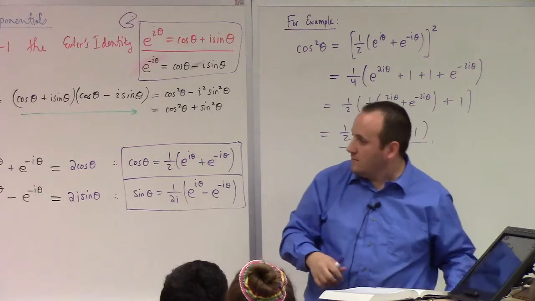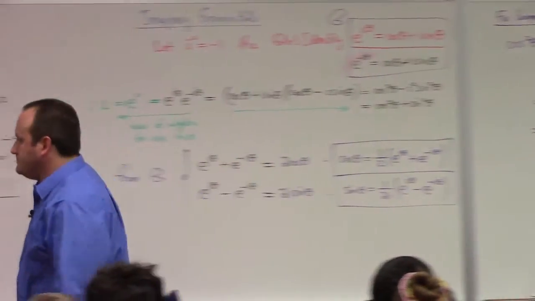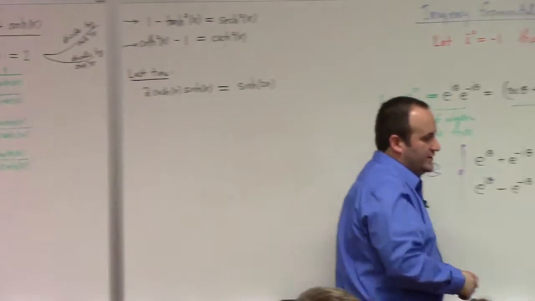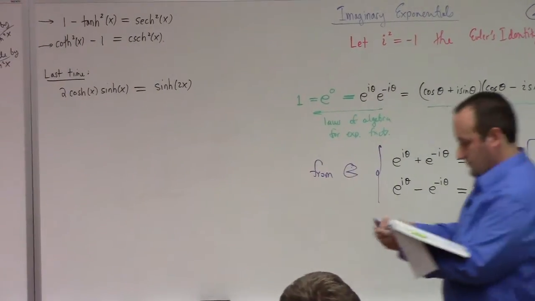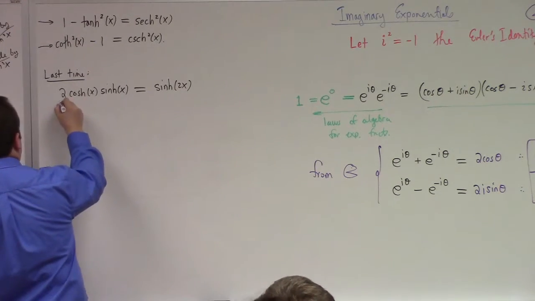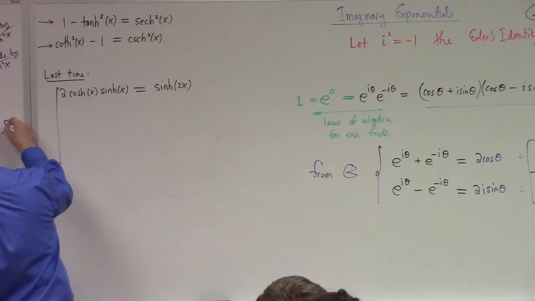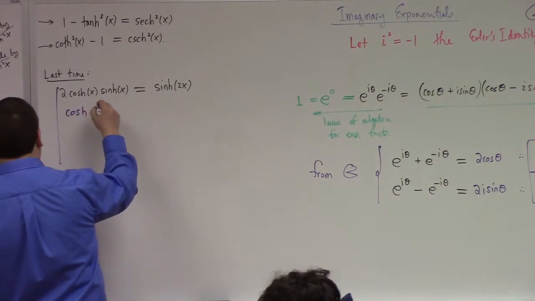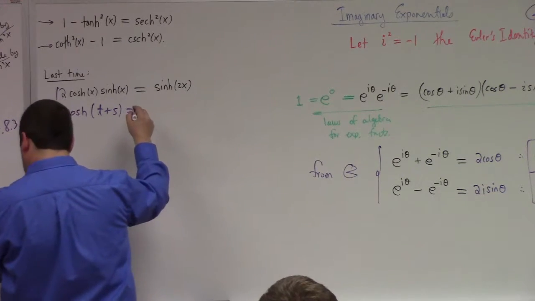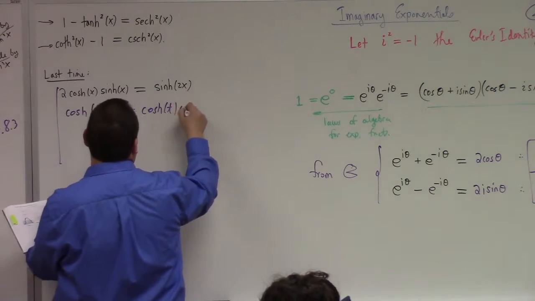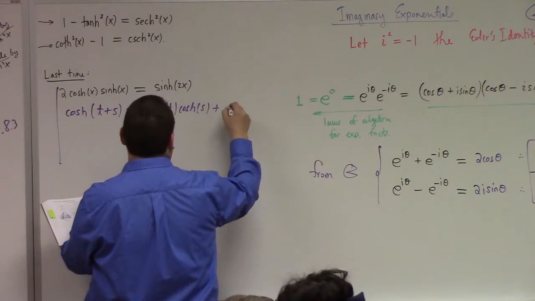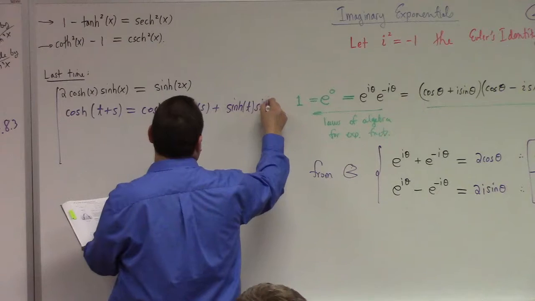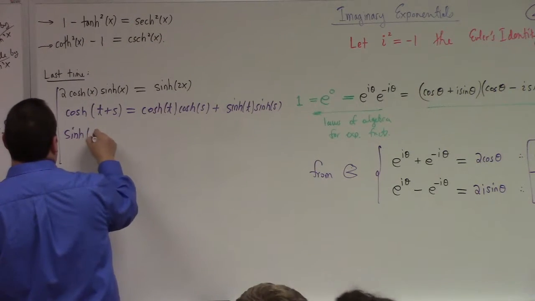The box on 7.8.3, we're also told, so we also have these following identities, like cosh of t plus s is equal to cosh t cosh s plus sinh t sinh s. And sinh, I know I'm tired of writing these.